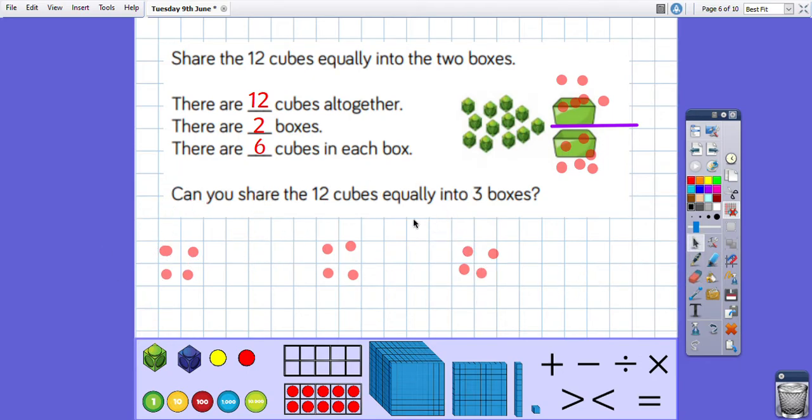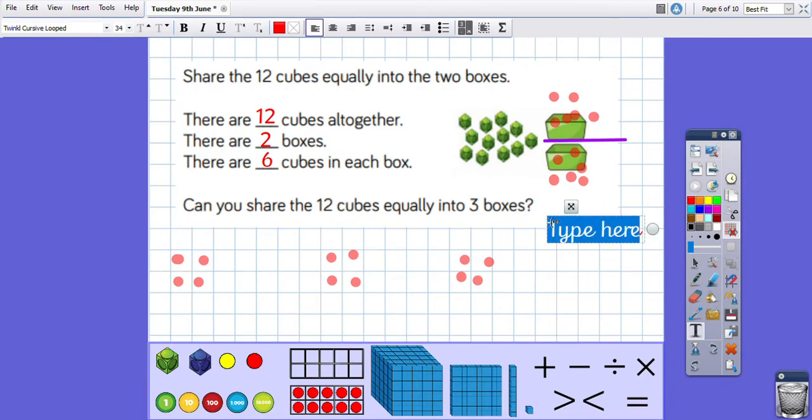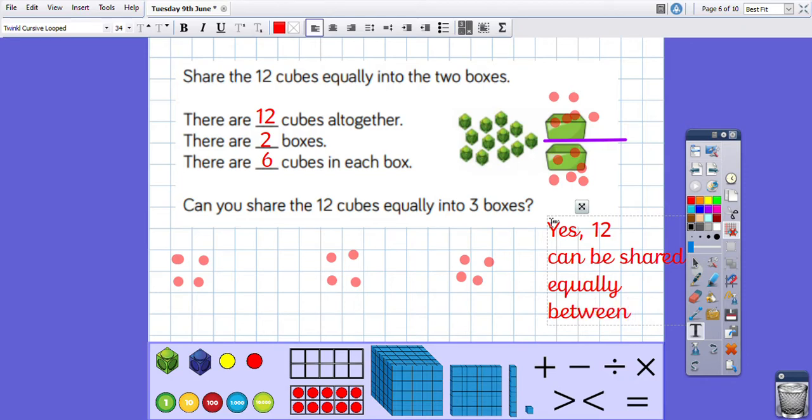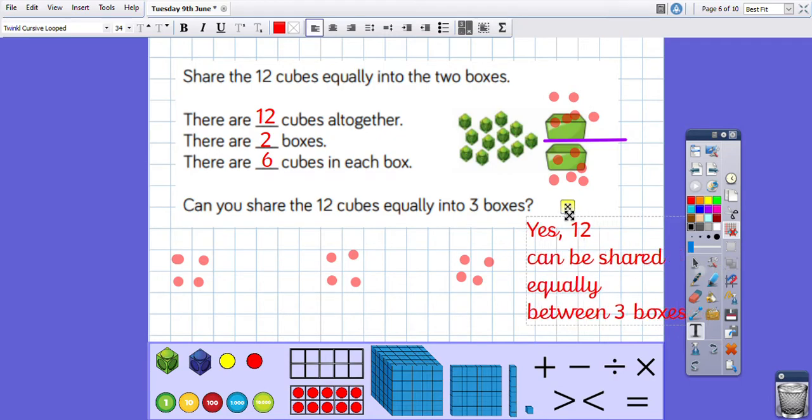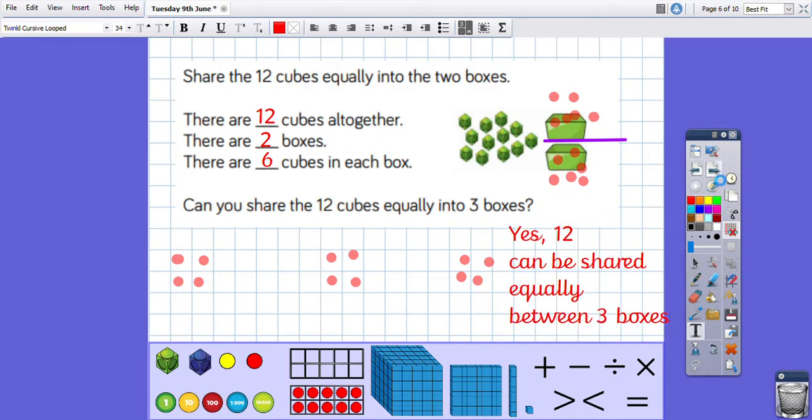Can we share the 12 cubes equally? Has each group got the same amount of cubes? Yes, it has. And you would say 12 can be shared equally between 3 boxes. And that would be your answer.